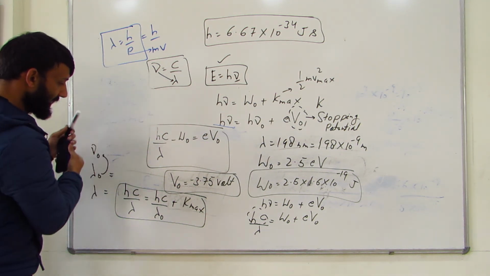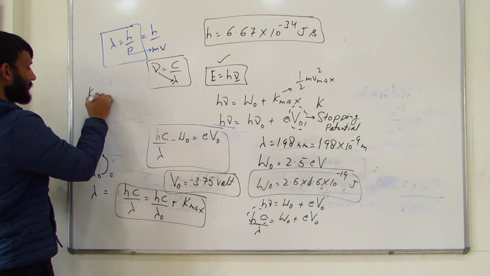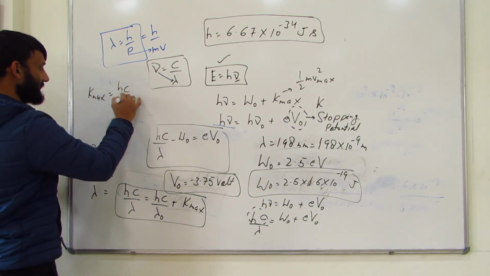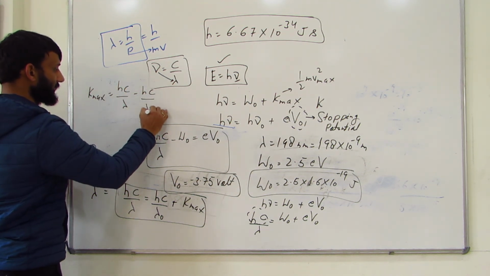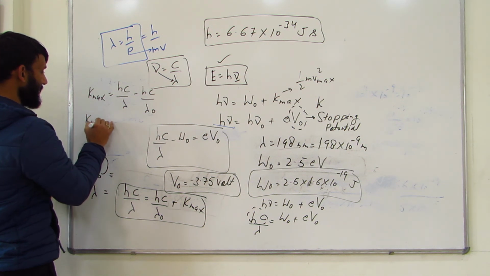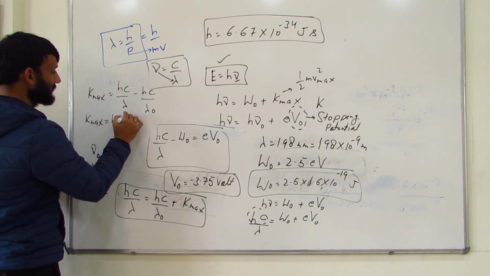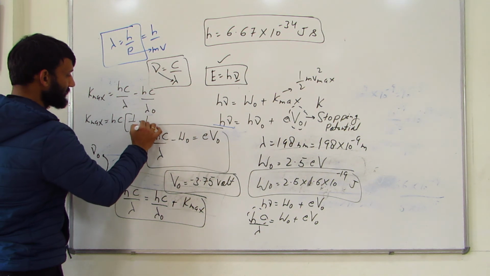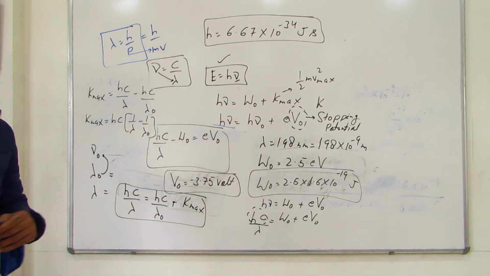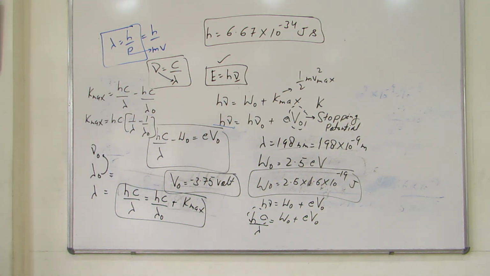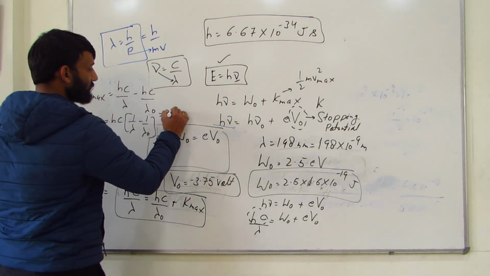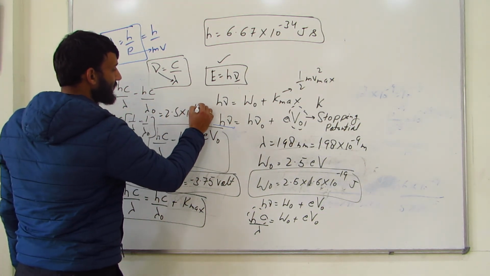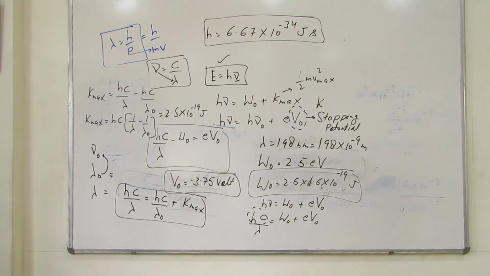The formula for K max should become hc by lambda minus hc by lambda naught. K max, hc common, 1 by lambda minus 1 by lambda naught. You shall use this formula and solve it. The answer should be, in joule, 2.5 into 10 to the power minus 19. K max should be 2.5 into 10 to the power minus 19 joule. This should be in joules.